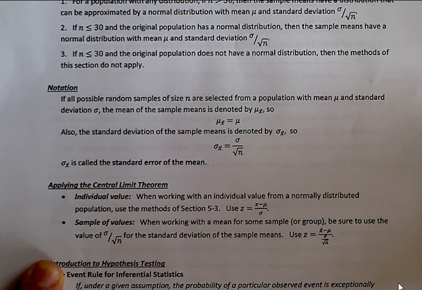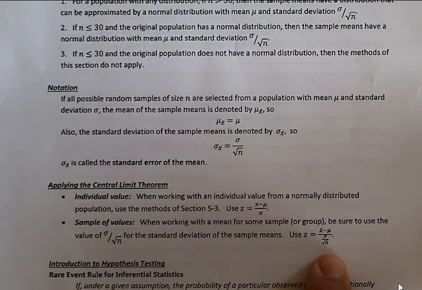But if we are going to work with a group, then we change the z-score to this: x bar minus mu over sigma divided by the square root of n. That will give us a little bit more accurate z-score, and from that z-score, we get a better picture of the probability.